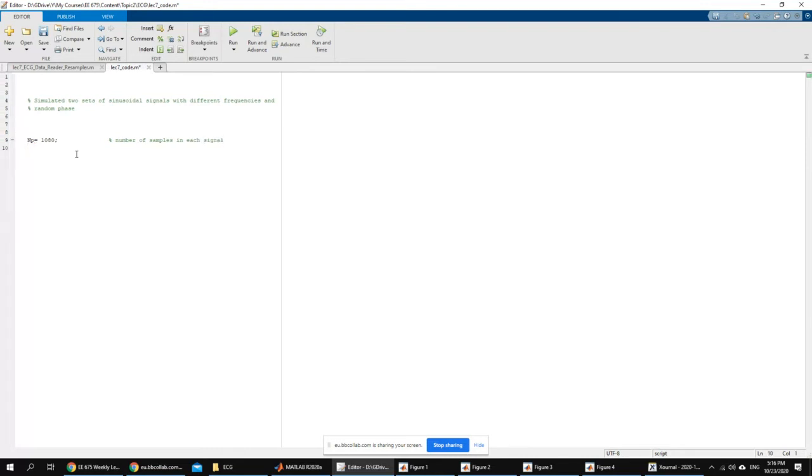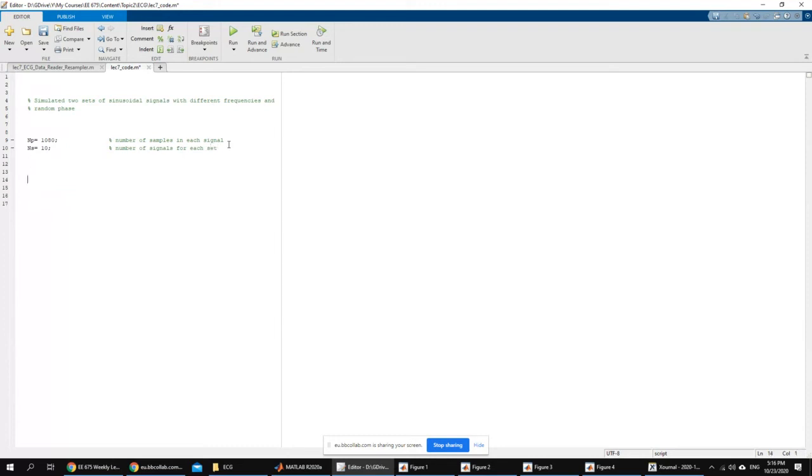I have two types with two different frequencies, and let's say we're going to take 10 signals for each. Type means set, so that I can use the same terminology.